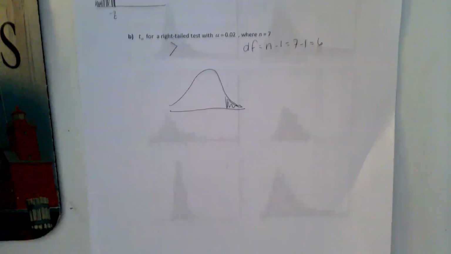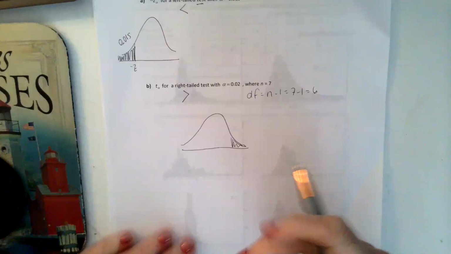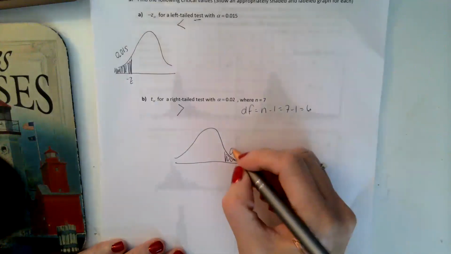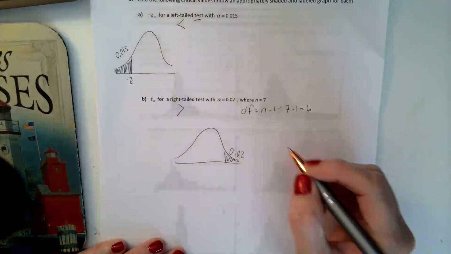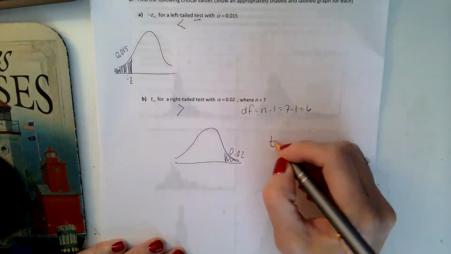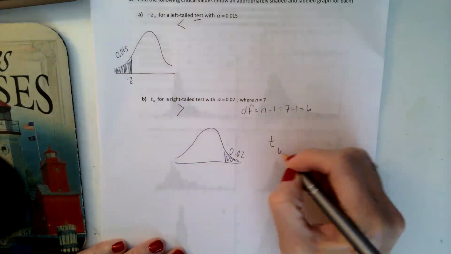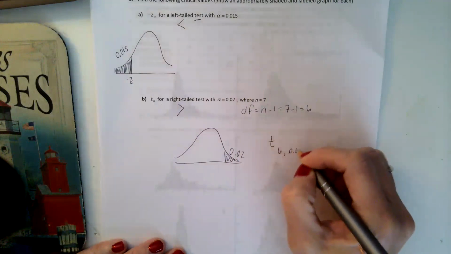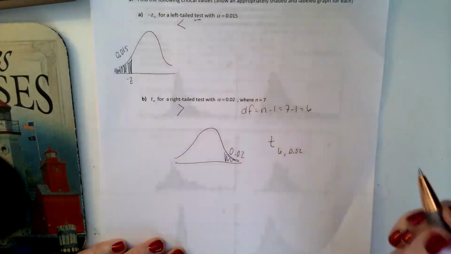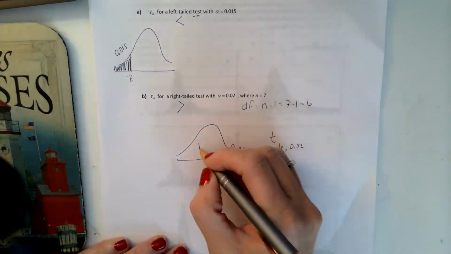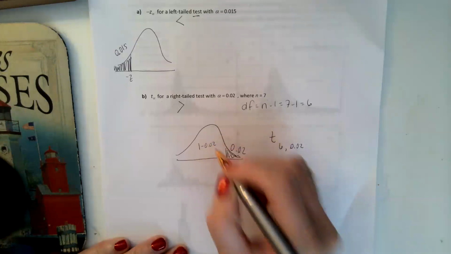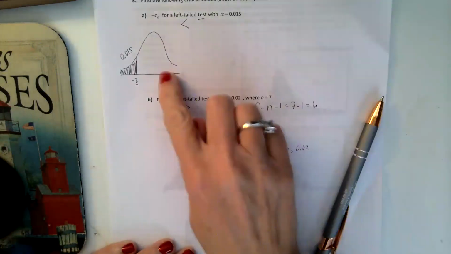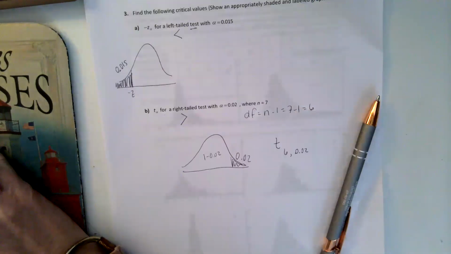We'll do both of these in decimals here in just a minute, but I'm just drawing my picture. So we want the right-tailed area that's 0.02. And so we want t of degrees of freedom 6 and 0.02. And so we have to put in 1 minus 0.02 into Desmos. So let's go enter both of these into Desmos here.